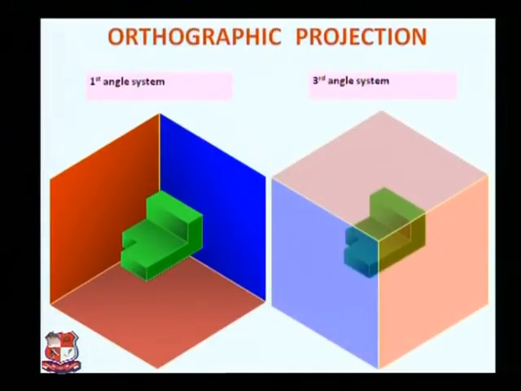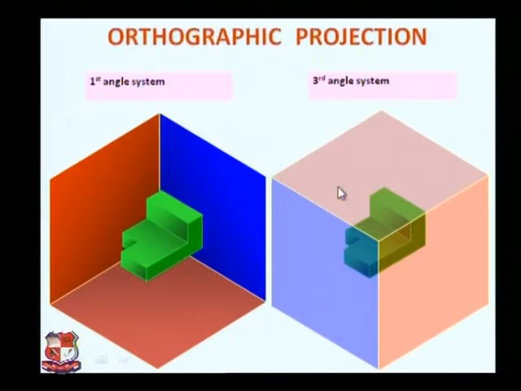Now another difference between the first angle projection method and the third angle projection method. Here we assume that the object is inside the first quadrant, so between object and observer nothing is there. Observer is here, here is the object, and here is the plane of projection. So the object is between the projection plane and the observer.